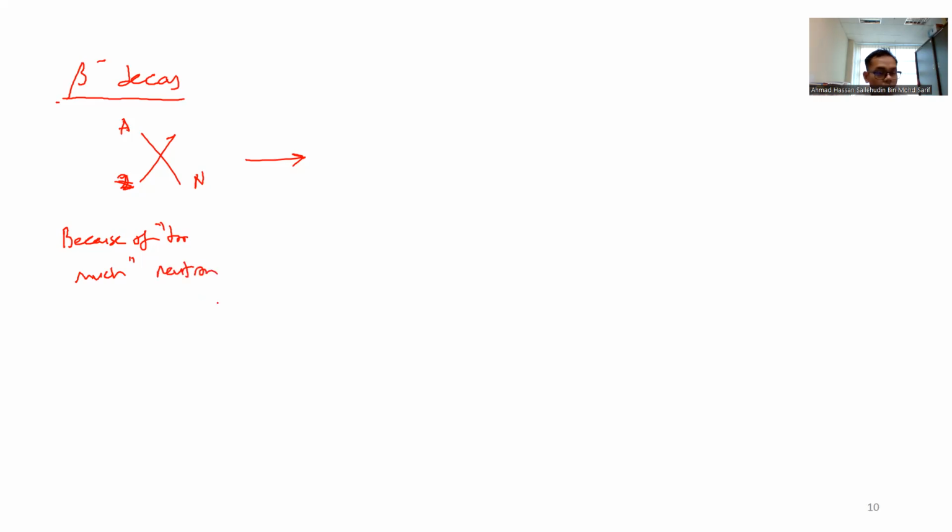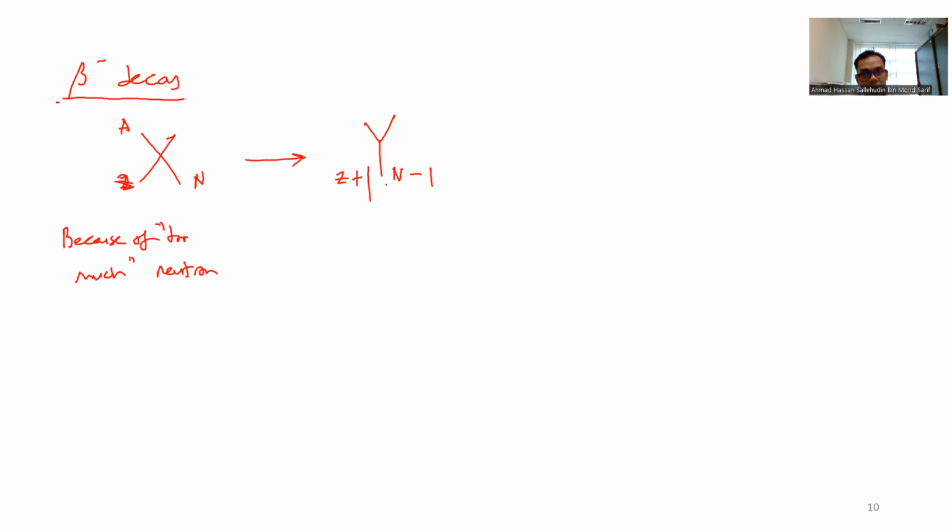There are too many neutrons in the nuclide, so it has to reduce the number of neutrons. In order to do that, you convert a neutron into a proton. So the neutron number is reduced, and because it's converted into a proton, the proton number increases by 1.